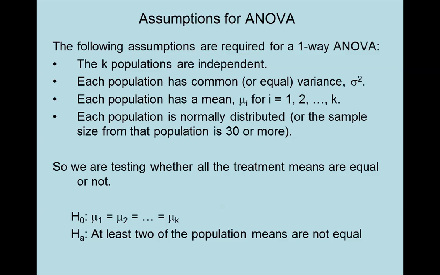When you're doing the analysis of variance method, what we're doing is called a one-way ANOVA, and the idea is you have k different populations which are all independent, or k levels which identify your different populations, and they're independent. Each population has the same variance, so the variability in each population is the same, so we just write that as sigma squared.